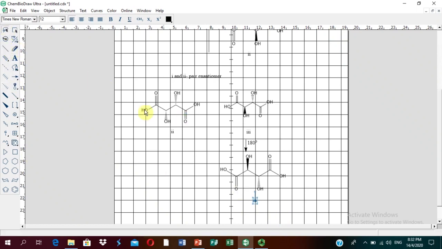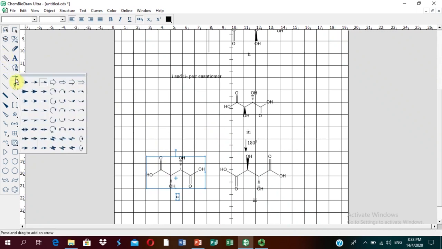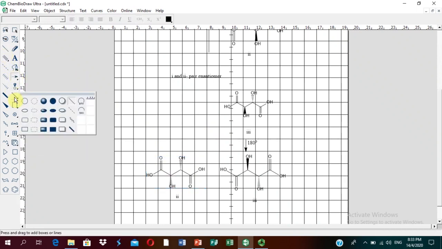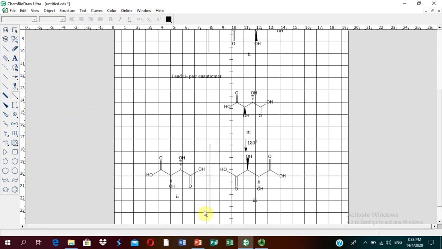Okay, just compare with structure number 2 here. Okay, this is the mirror. This is object, this is image. Object, image. Object, but this one is dash, but here the image is wedge.